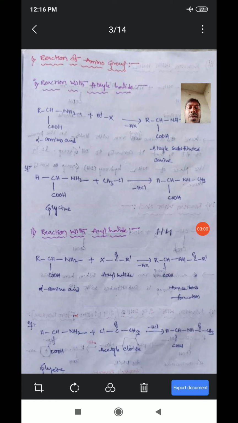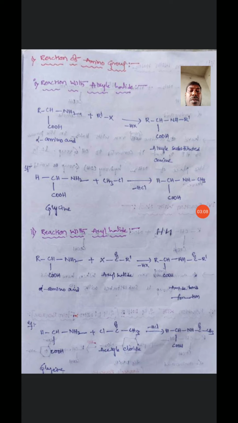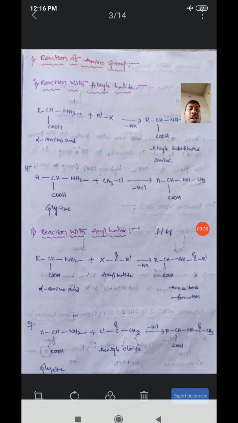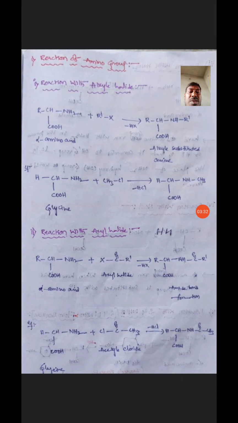One hydrogen is lost from the NH2 group of the amino acid and the halogen from the alkyl halide, so minus HX, and it forms an alkyl substituted amine, RCHCOOH NH R dash. The bond forms between NH and the alkyl group.